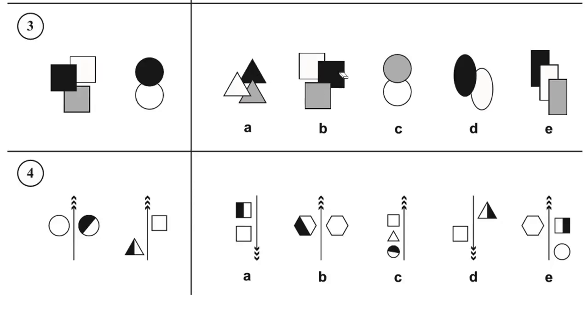If you look at B, this black one is behind this other gray one, so that can't be. If you look at D, the black is in front of the white one, the blank one, this one here. Okay, so the black one is in front of this, is overlapping it, is covering it up. So D is going to be the answer. Okay, so the black must be in front of all the shapes for that.